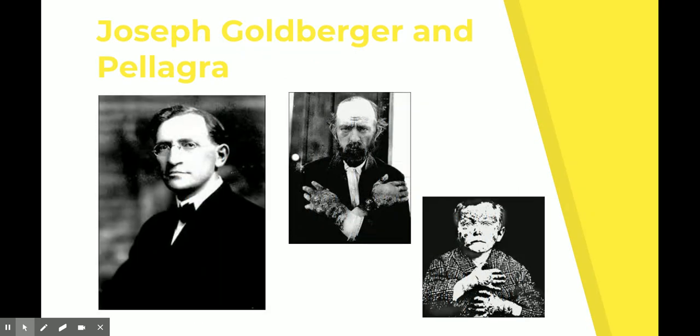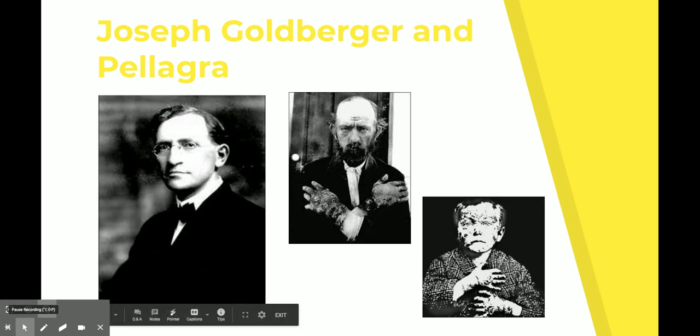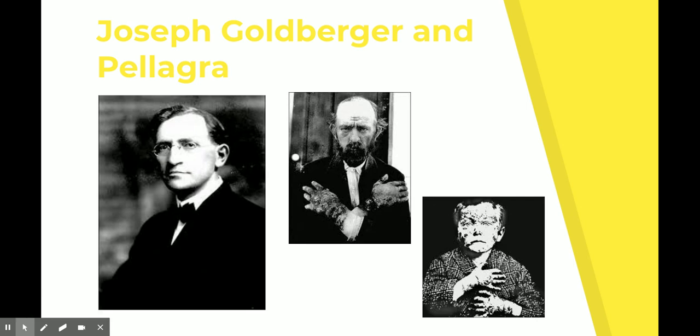First, I'll tell you a little story that I think helps to illustrate this idea of correlations, and this is the story of Joseph Goldberger and pellagra. In the early 20th century, thousands of Americans in the South were dying from a disease called pellagra.